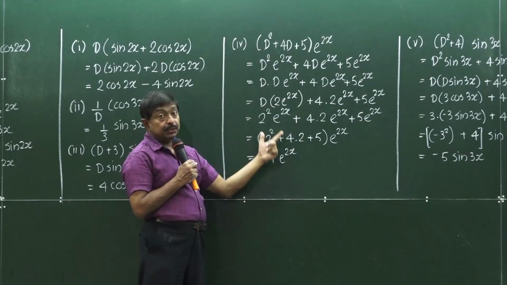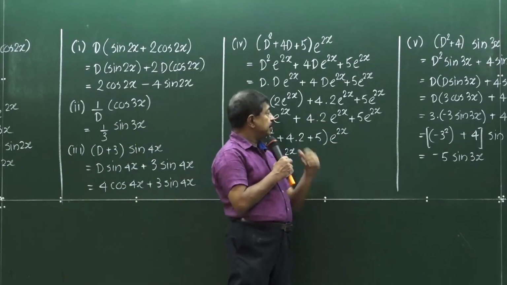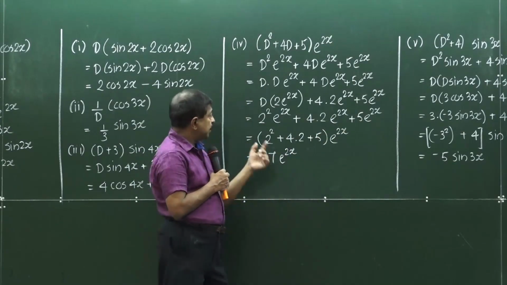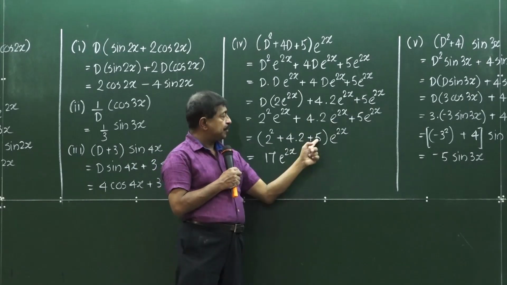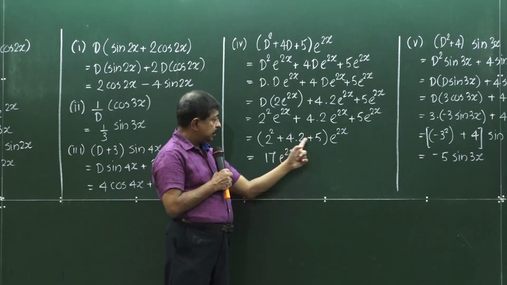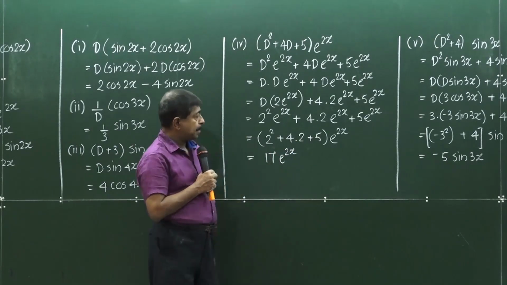You get 2 squared. We know that 2 squared is 4, but we will have it like this. Now if you pull out e to the power 2x to the right, what will you get? 2 squared, 4 times 2, here you get 5. Now 2 squared is 4, this is 8, this is 5. Right? They sum up to 17.